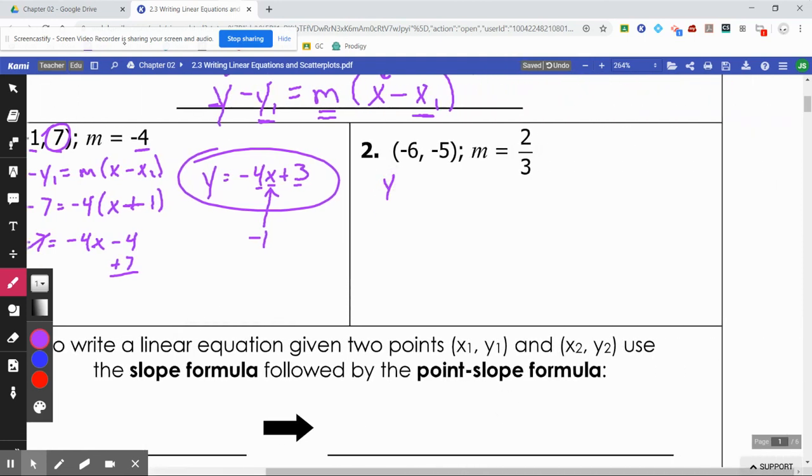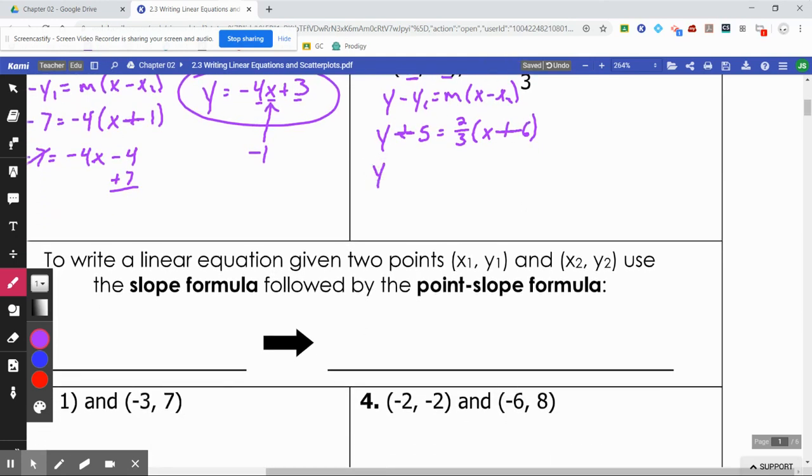Next one, y minus y1 equals m parentheses x minus x1. Plug in your x1 and y1 and your slope. This would be xy, so y1 is negative 5. Your slope is 2/3. X minus your x1 is negative 6. Minus minuses, make sure to make them a plus.